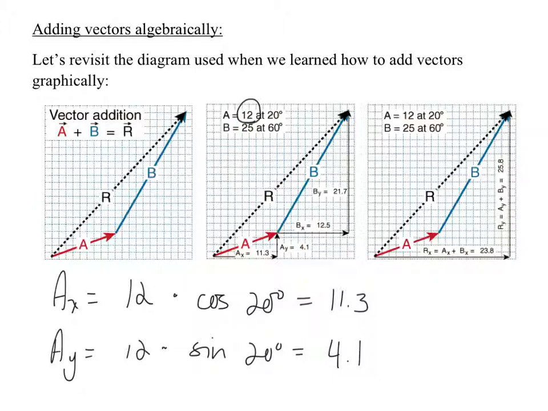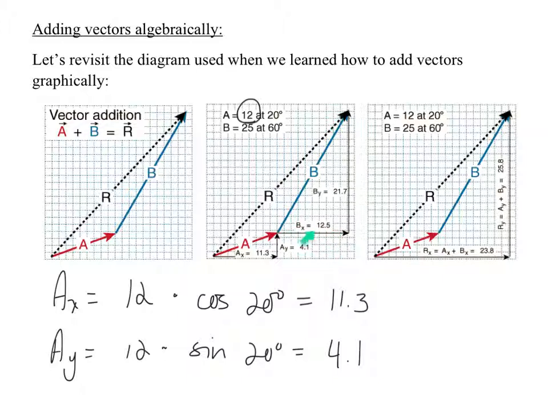Now, vector B also has a horizontal and a vertical component. So we have to think about its starting point here, its tail, as like a new origin. If this were like a new origin, look at this diagram here, to the right, how far does it go? And up, how far does it really go?